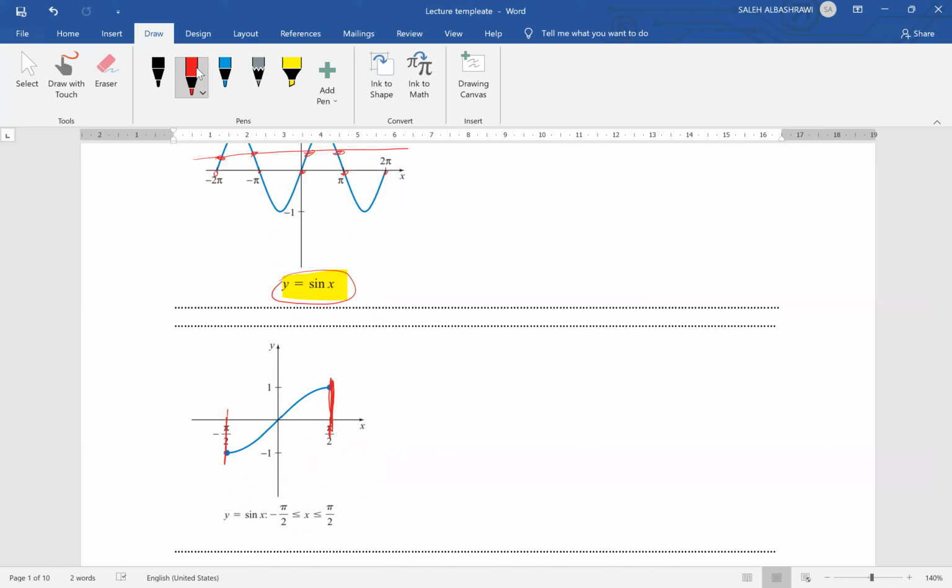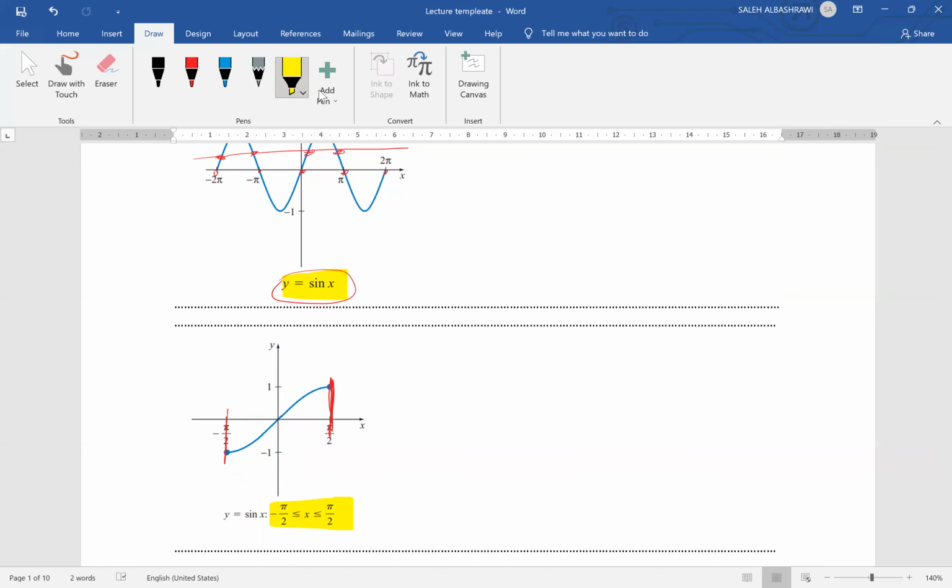So this is a one-to-one function. The horizontal line will intersect the graph in only one point. So y equal to sine x with this restriction, minus pi over 2 to pi over 2, is one-to-one, so we can find the inverse for the sine function.